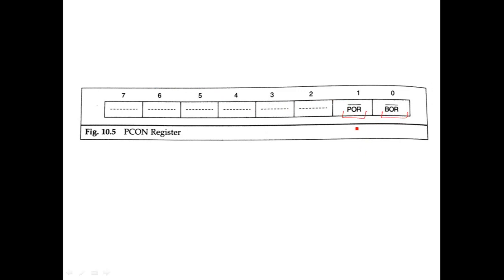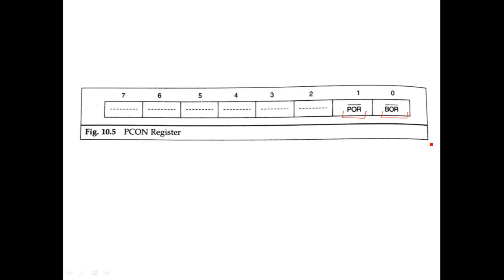When you switch on the power of the microcontroller, internally it has a power on reset circuit. The internal circuit senses that the power is coming on and resets the microcontroller, because it is essential that whenever you switch on a computer system, it should be reset initially.